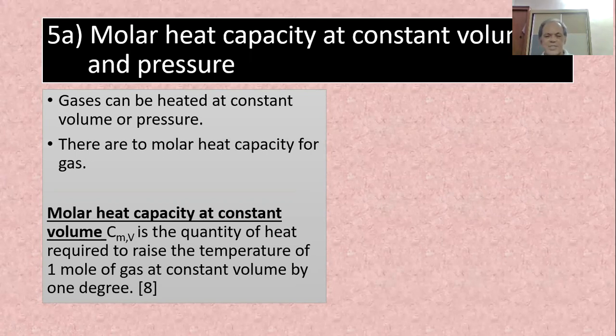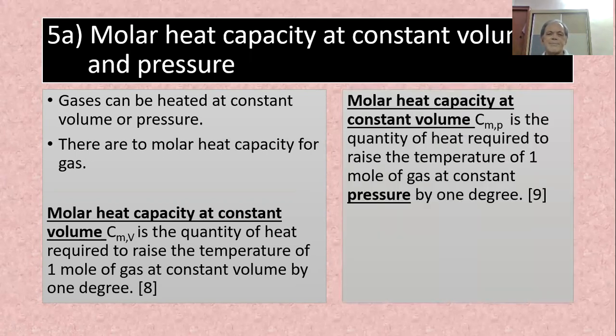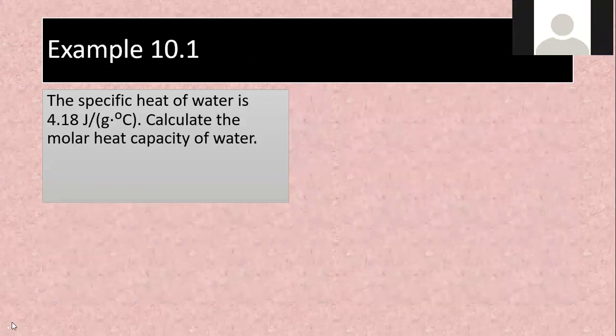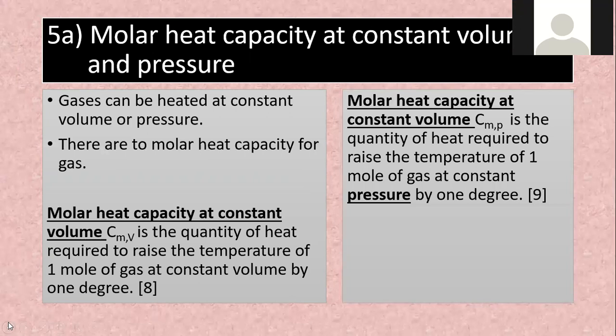That's number 8 in your notes. Molar heat capacity at constant pressure is the quantity of heat required to raise the temperature of 1 mole of gas at constant pressure by 1 degree. That's number 9. Same definition, except you just replace volume with pressure. Same formula as we gave you previously.